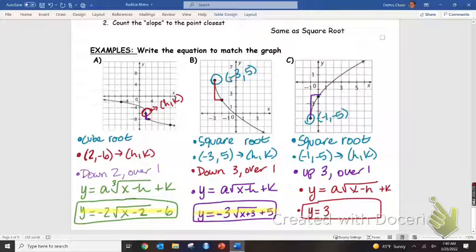The others we went down, so it was negative. But this one, it went up, so it's positive. So a is positive 3. The h value is negative 1. So since h is a liar, it's x plus 1. And then the y value is negative 5, so it's minus 5. And there's my answer.